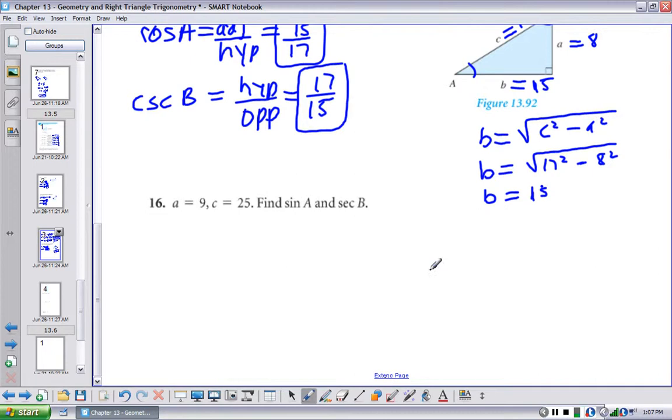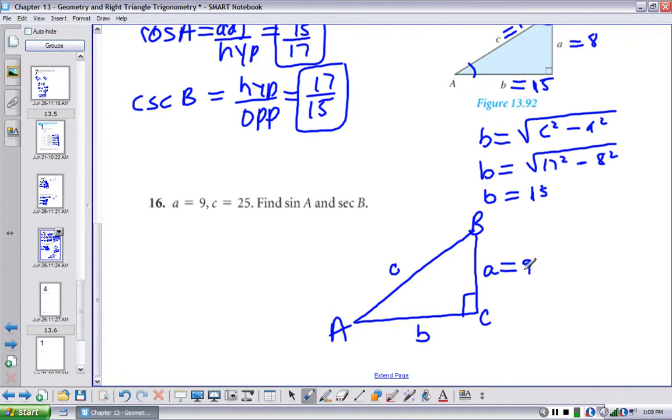The picture that we're going to use, we'll just stay true to what we had before, where this is angle A, B, C, side A, side C, side B. So in number 16, they tell us A is 9, C is 25. Find sine of A and secant of B.